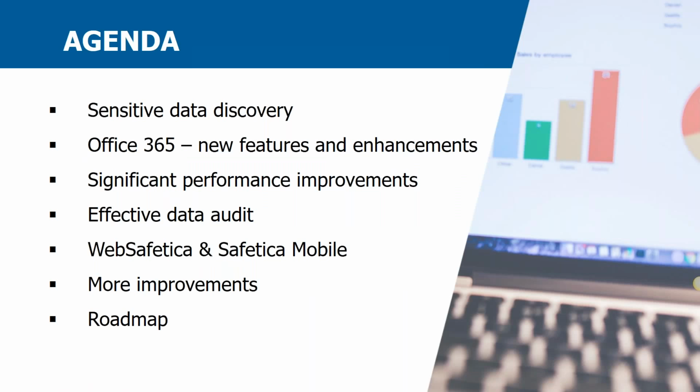So welcome again. We will go through the key features presented in our autumn version, starting with sensitive data discovery, which you can call a content feature. Then we will jump to Office 365, our second biggest feature coming up in the new version. Then we will talk about significant improvements in performance and efficiency. There is a big thing going on in 7.8 regarding our performance, so stay tuned.